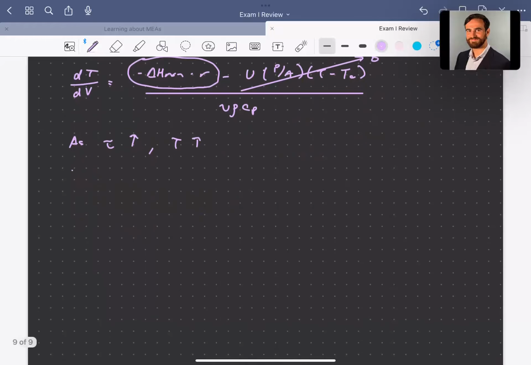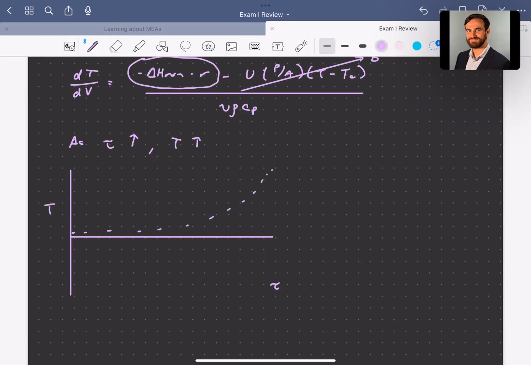So here, the rate of increase of temperature with position in the reactor is going to increase. So, our graph of temperature versus position or residence time in the reactor is going to sort of shoot up.